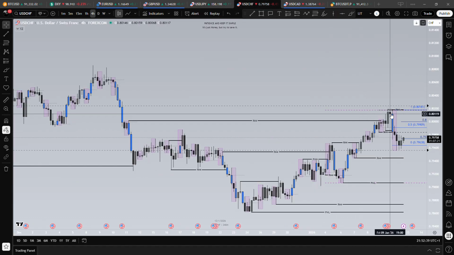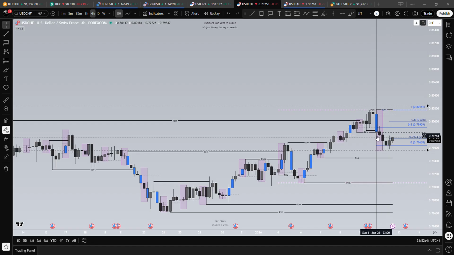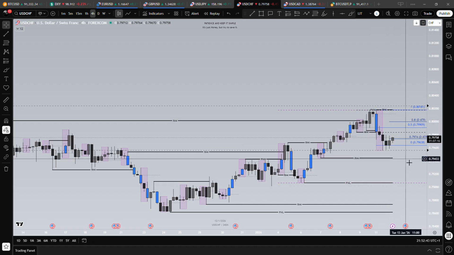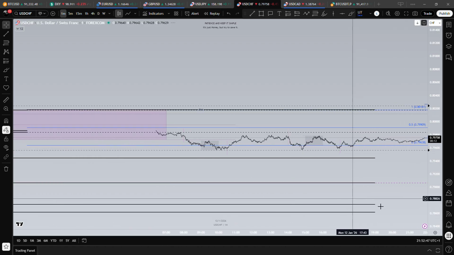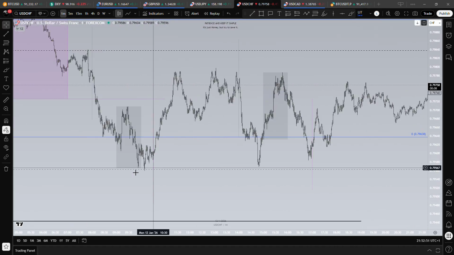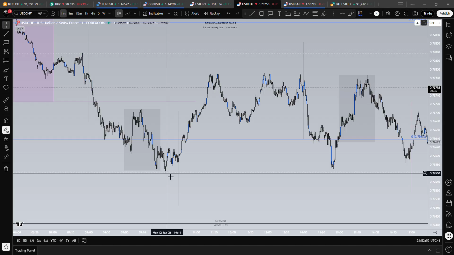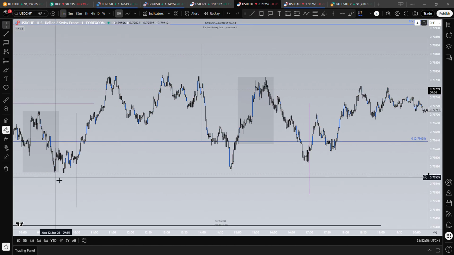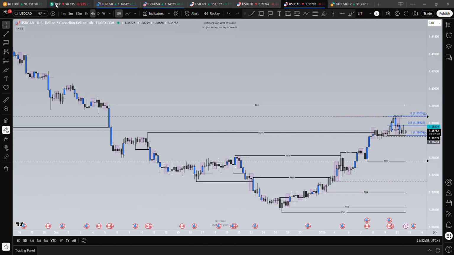Okay, USDCHF. In this case, we took this round liquidity on H4 in Asia, and we didn't look for any reversal trade because this was the London low, and we didn't take the London low, so yeah, I'm not able to look for trades.